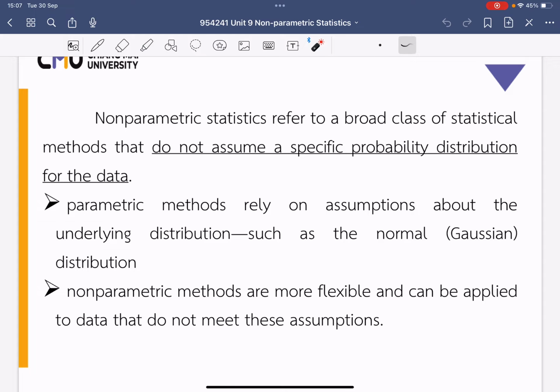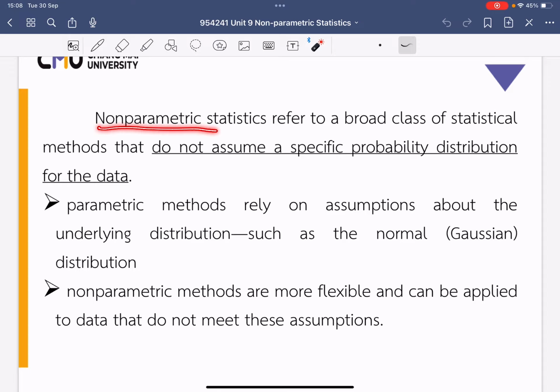For nonparametric statistics, because sometimes in the real world our data may not be distributed normally, in that case we cannot use the regular parametric testing like the hypothesis testing in chapter 5 that we did before, like the Z-test, T-test that we did.